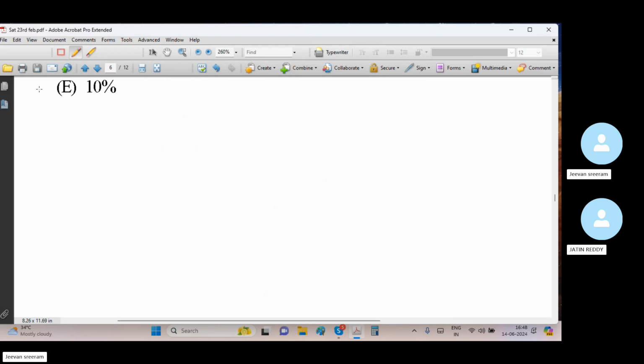Let me revise the basics with regard to percentages. Percent means divided by 100. Per means divide, cent means 100.